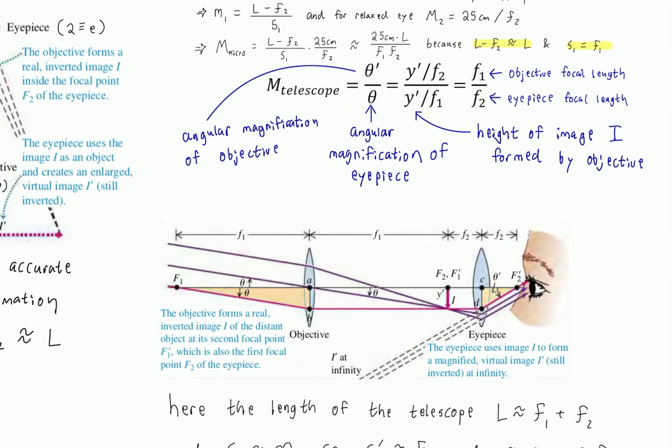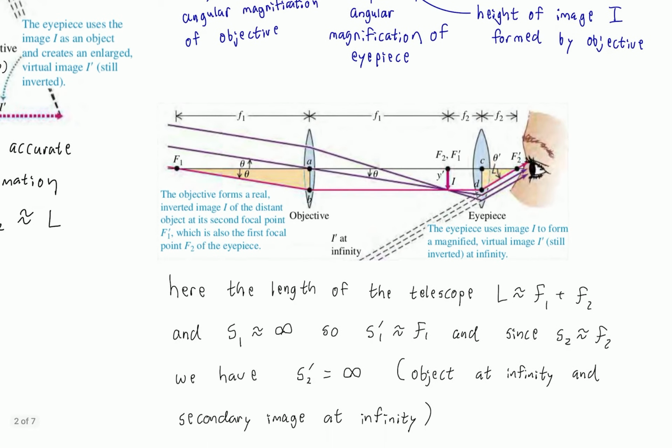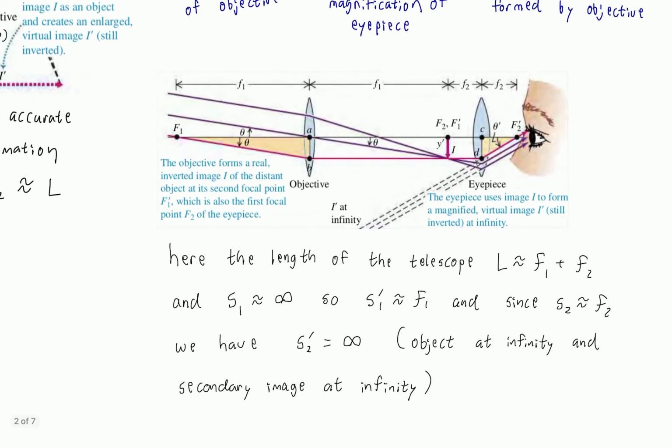Well, let's justify it a bit by taking a look at our approximations. And these are simpler for the telescope. It's a simpler case because we definitely have that the length of the telescope is just equal to the sum of the two focal lengths. We don't have to ignore one of the focal lengths. We just have to say that the distance between the two lenses is exactly equal. So L is just exactly equal to the two focal lengths.